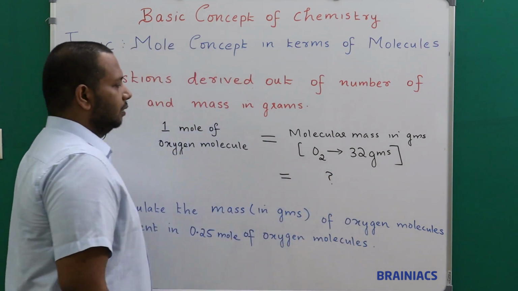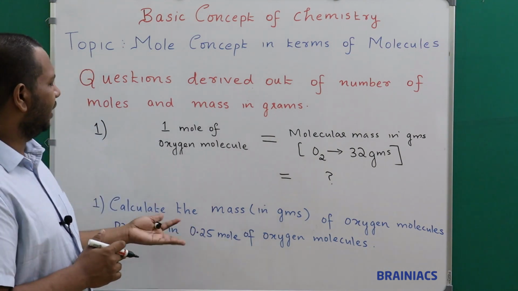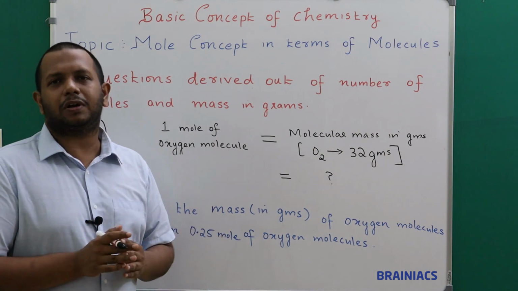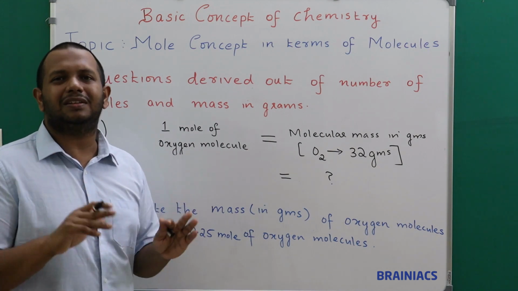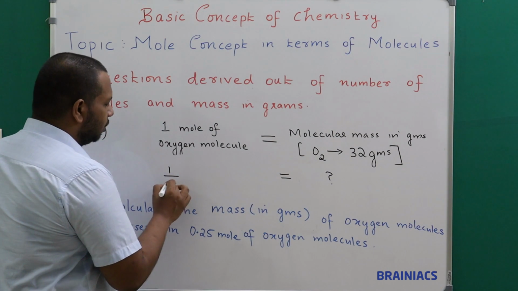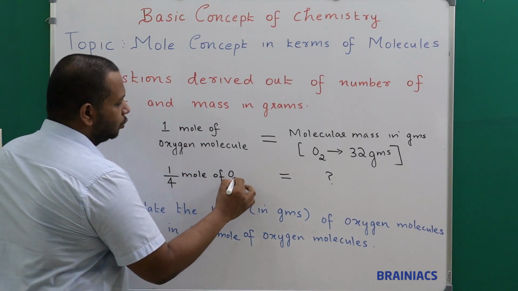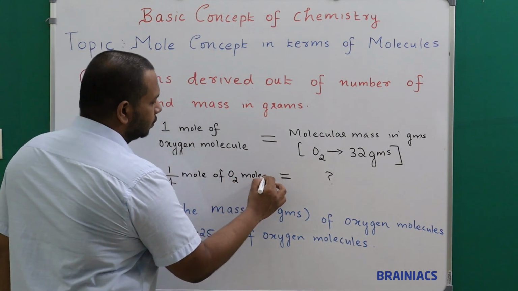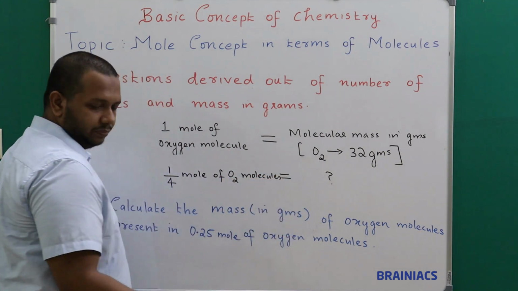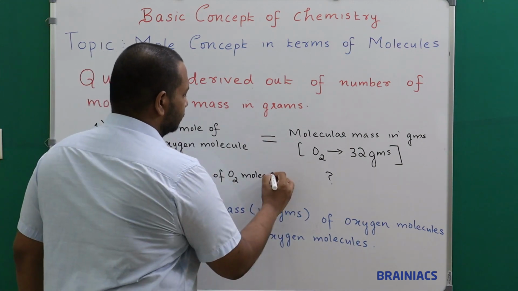And what they have given here is 0.25 mole. Usually when 0.25 comes I put 1/4 there. That is the easiest way to remember for me. So they have given 1/4 mole of O2 molecules.